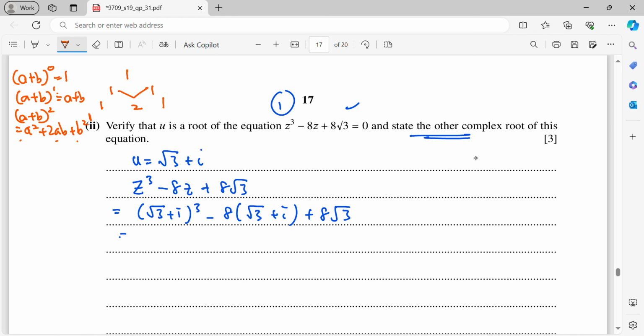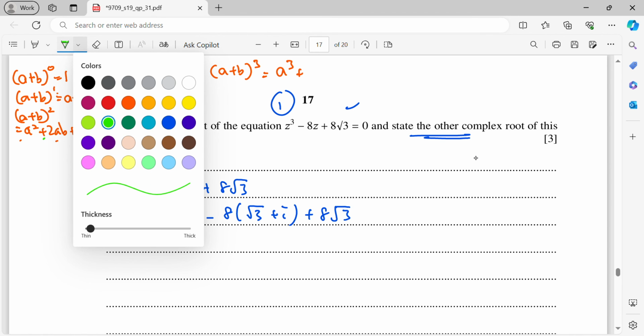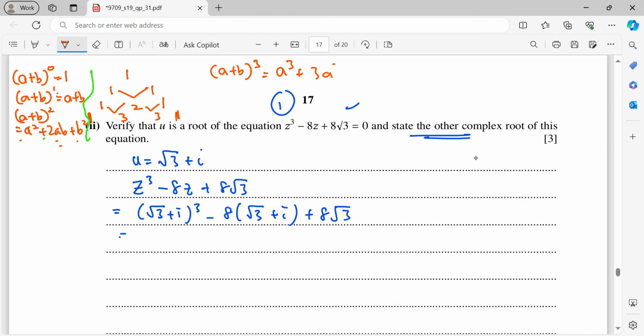So I know that when it is degree 3, just add on 1 in front and at the back, and just add together 3 and 3. So for (a plus b) cubed, I will be getting a cubed plus 3a squared b plus 3ab squared plus b cubed. This will be my expansion. This is what we call the Pascal triangle.